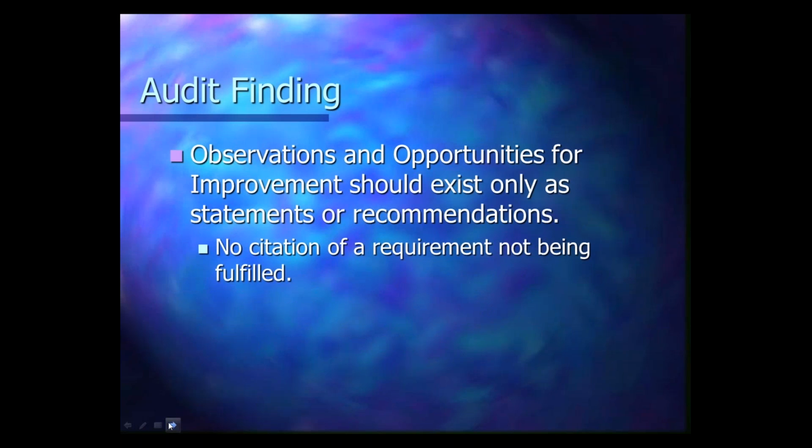From time to time, our auditors may write observations or opportunities for improvement. When these are documented by the auditor, they'll be written as simple statements, and they won't contain the 3 constituent parts. There's no citation of a requirement not being met. In addition, the issue and perhaps some objective evidence might be lumped together.